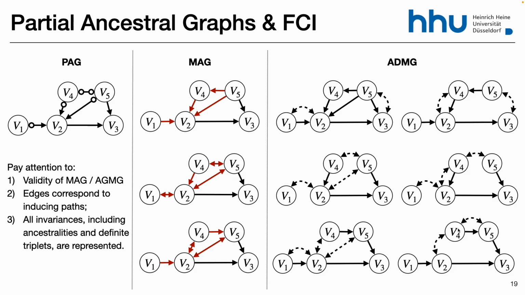Now, in these other cases, it's different, right? Because V4 is an ancestor of V5, the edge is now on this side. So I still have an inducing path, but I'm representing the ancestrality from V4 to V5 here. Okay? So you need to be careful with the edges, the ancestralities, and the validity of the MAGs when you're constructing these models.